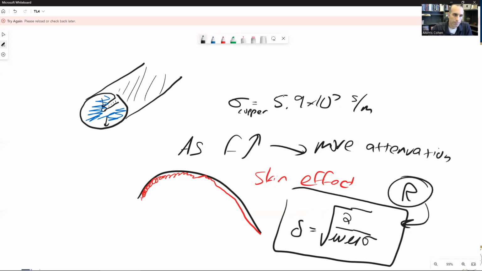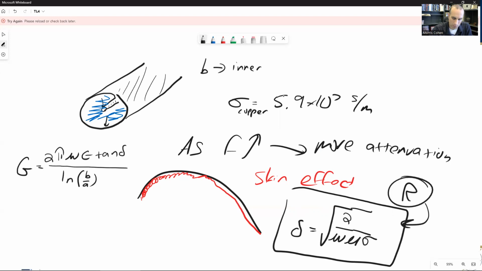A rough formula for G for a coaxial conductor is 2 pi times omega times epsilon times the tangent of this skin depth right here, this lowercase delta, divided by the natural log of B over A, where B is the outer diameter, or radius, whichever you prefer, and A is the inner diameter. All right, so that's sort of the physical nature of where this R and G comes from.